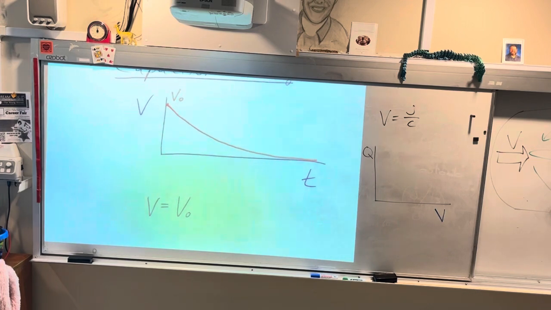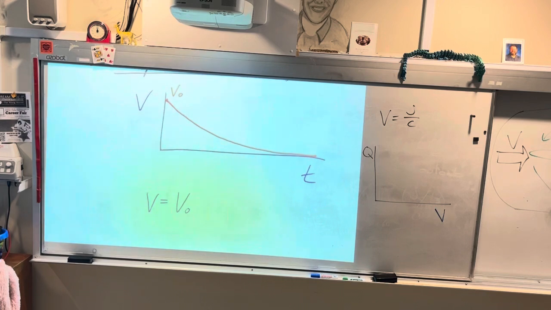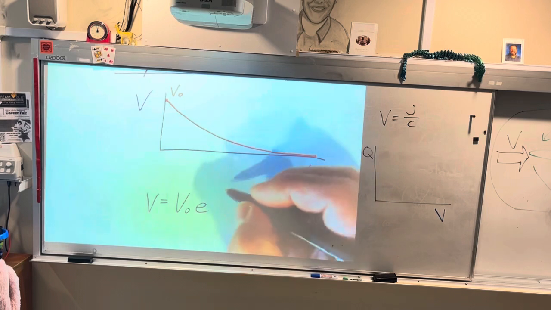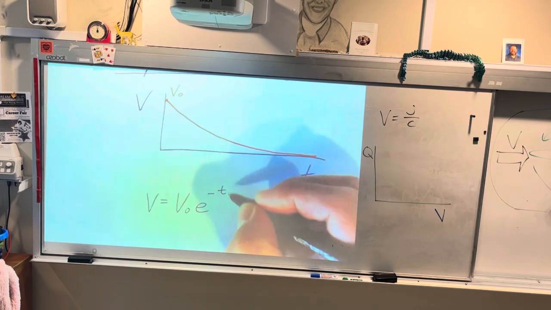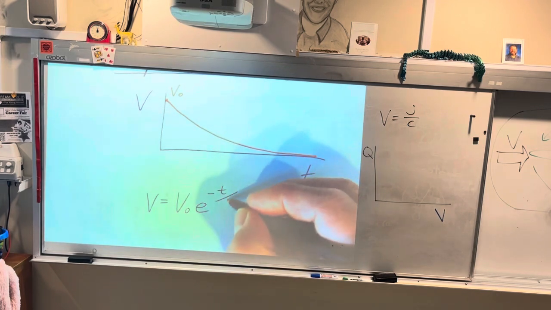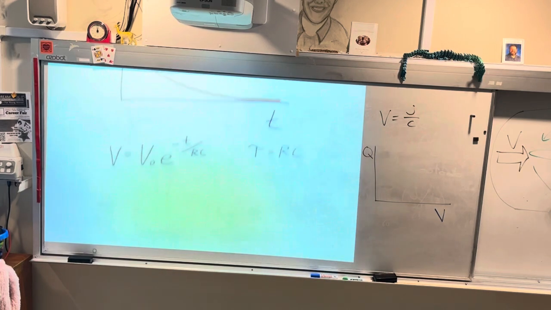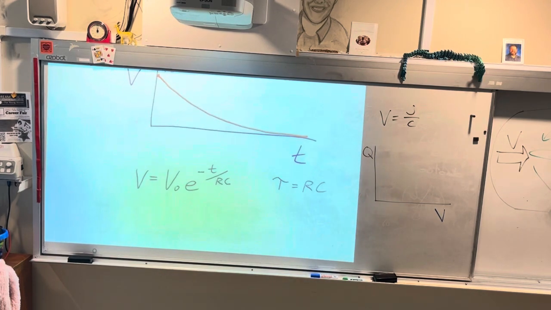Very similar to a nuclear decay graph. Oh, e. Yeah. Kenta, say it again. e to the negative t over the time constant. Yeah, over RC. And we use tau to equal RC, and as Kenta aptly points out, the tau is the time constant.